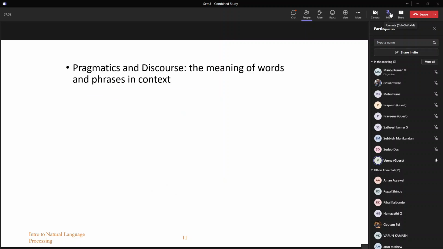That I will come back to. So this is pragmatics and discourse: the meaning of words and phrases in context. If you read the first two lines, the meaning is totally different, right?